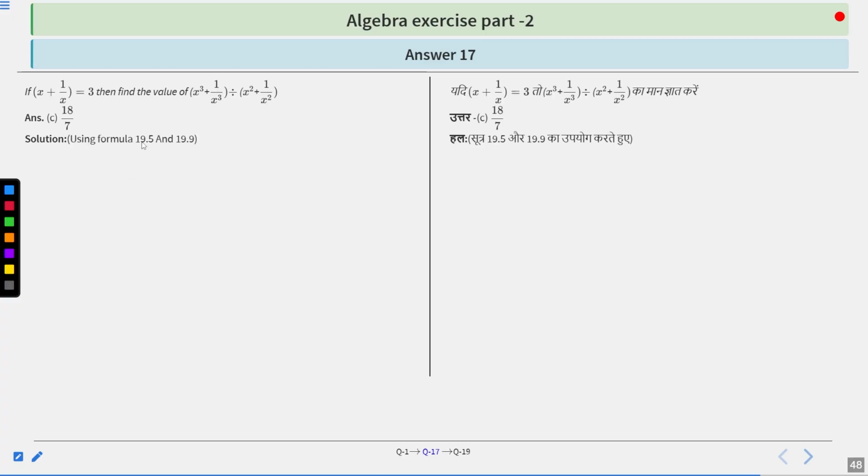We are going to use formula 19.5 and 19.9 to solve this question. We were given x plus 1 upon x equal to 3.